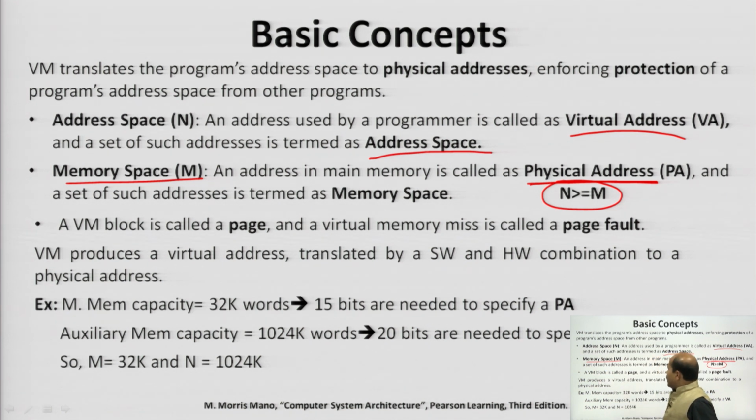So, a virtual memory block is called a page. Whatever data we have stored in our program, in virtual memory or in address space, is stored in terms of pages. A page will have some number of words or lines, and a virtual memory miss is called a page fault.